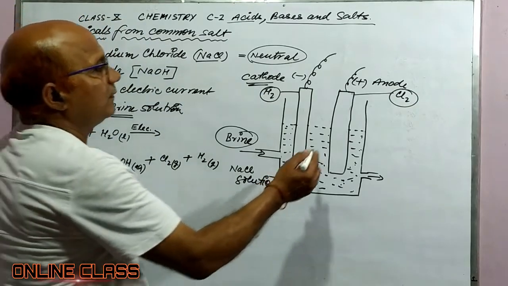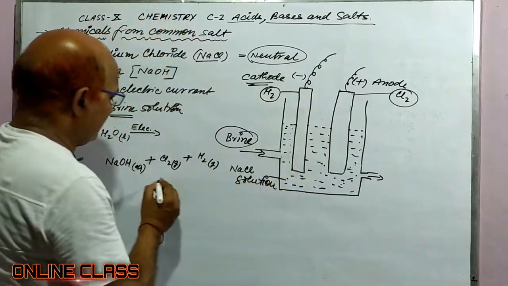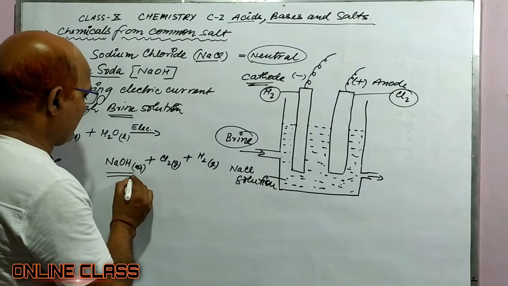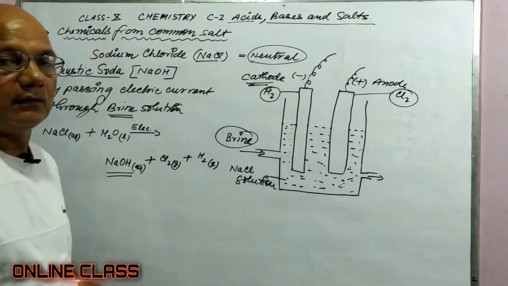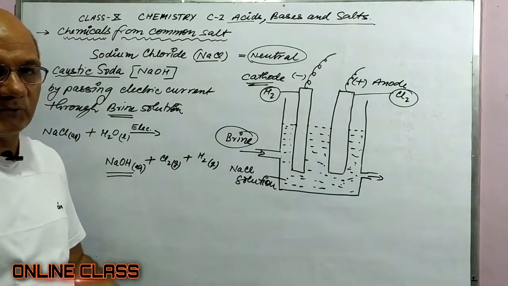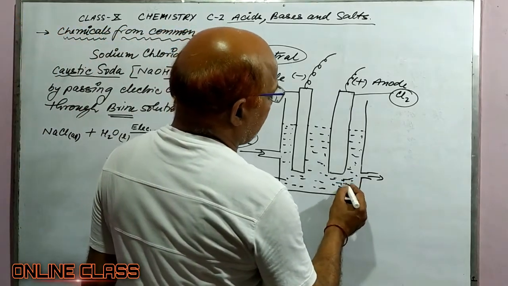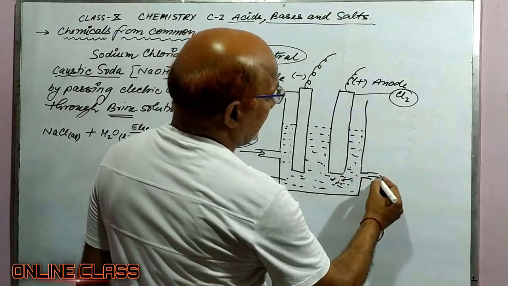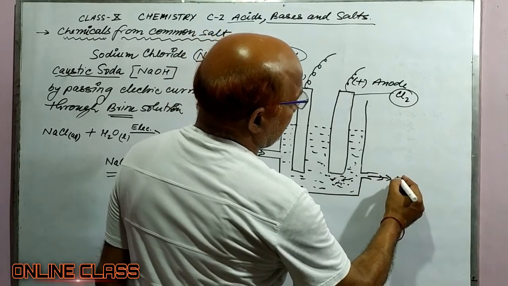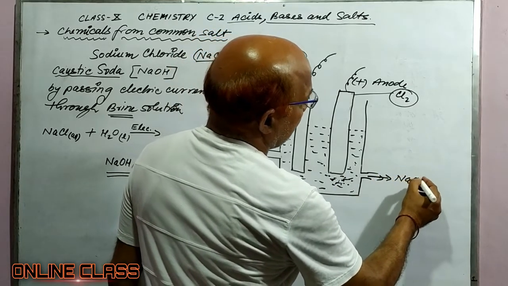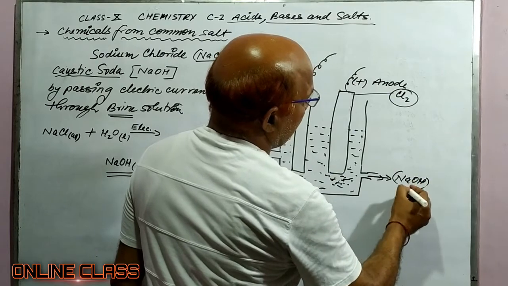As I have discussed, sodium hydroxide, which is prepared in this process, is collected near the base of anode. So, this is caustic soda, NaOH.